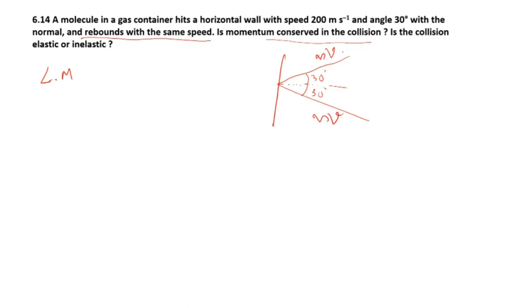If you want to calculate the kinetic energy, before the collision it is half m v square, and after the collision also 1 by 2 m v square. In both cases v is the same, mass is the same, so the kinetic energy before and after the collision is the same. That's why there is conservation of linear momentum.